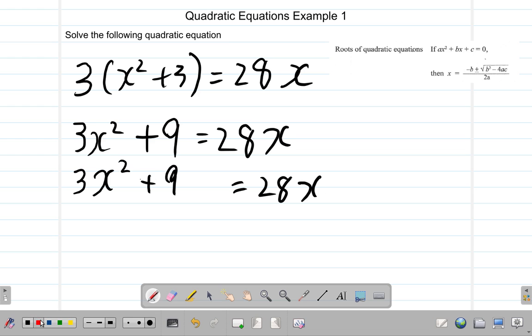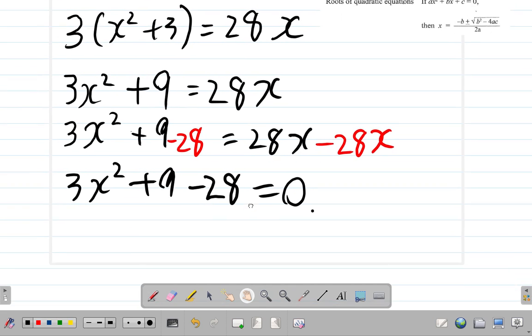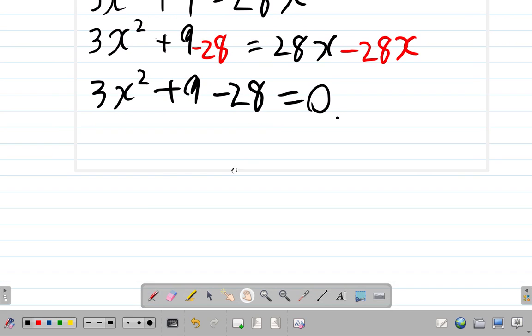When you subtract 28x from the right, you must subtract 28x from the left as well to maintain balance. So on the left you have 3x squared plus 9, and 28x minus 28x is 0. Alright, so that is what you have so far.